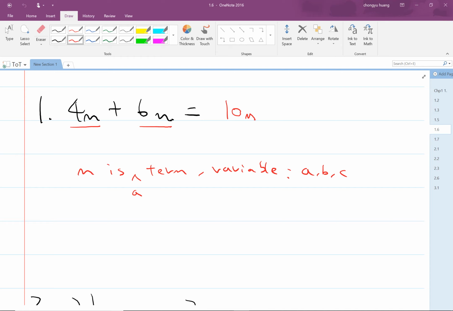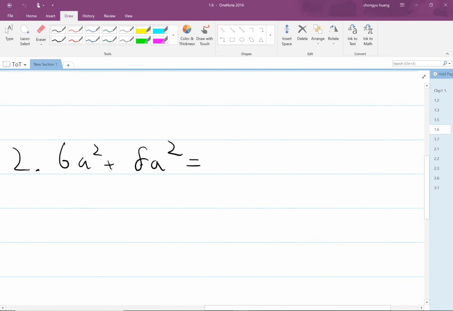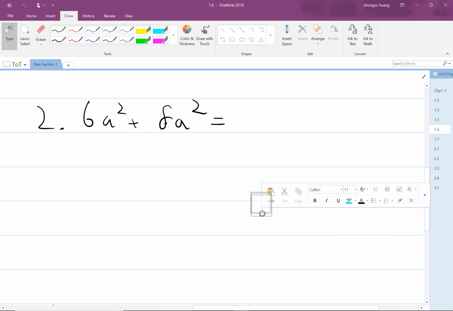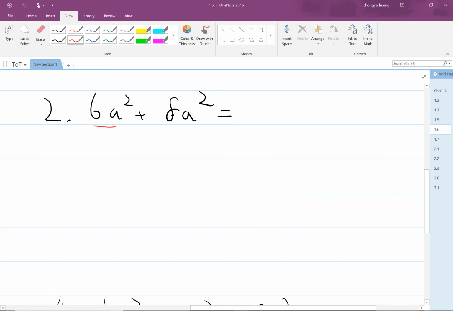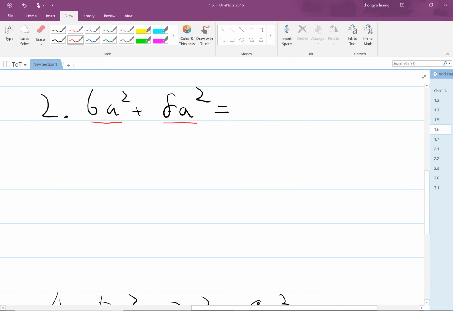For question 2, what we have over here is 6a squared plus 8a squared. So a is the term, or variable. Since they have the same term, both of them a squared, you are able to add them.